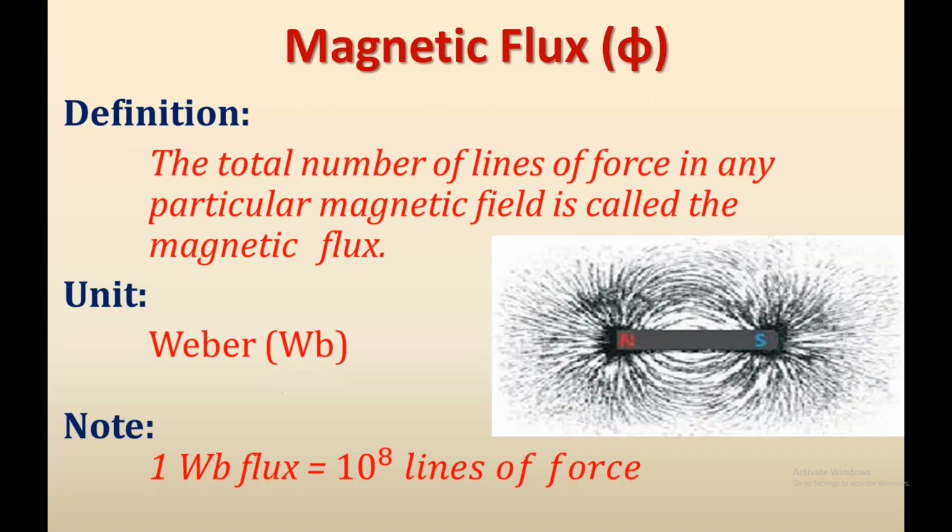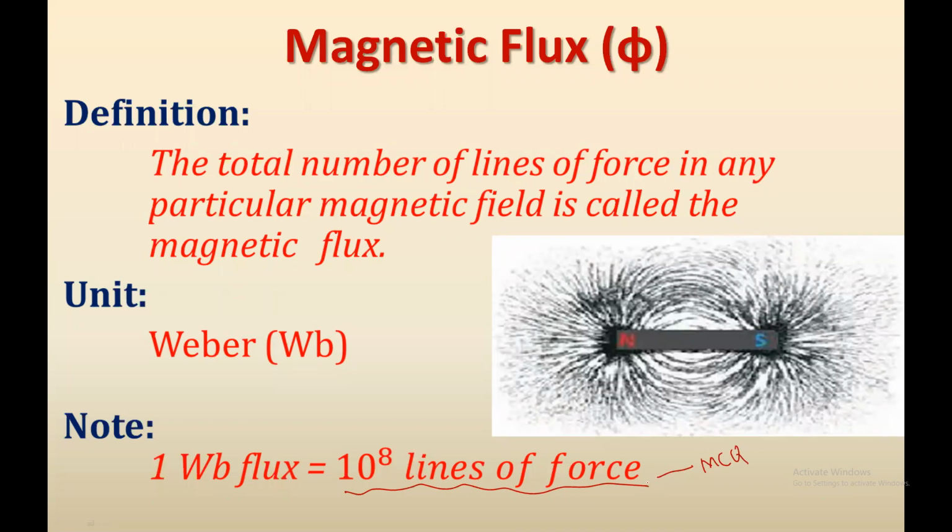The unit is Weber. It can be measured in terms of Weber. The short form for Weber is capital W, small b. And experimentally, it has been established that 1 Weber of flux is equal to 10 raised to 8 lines of force. Sometimes these things will be asked in MCQ type questions, so you have to remember them.